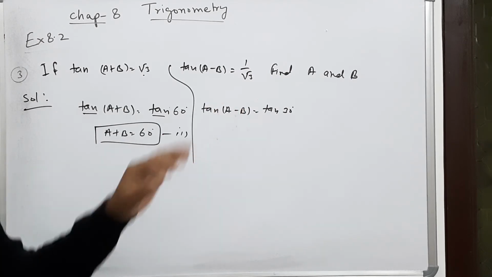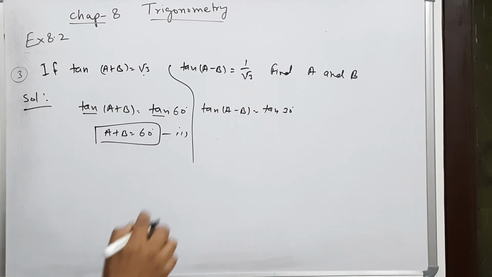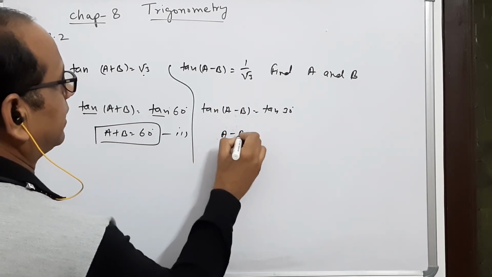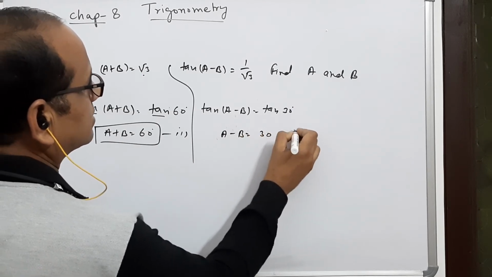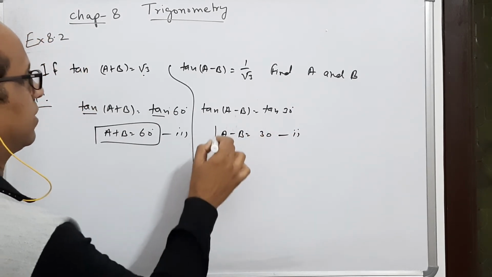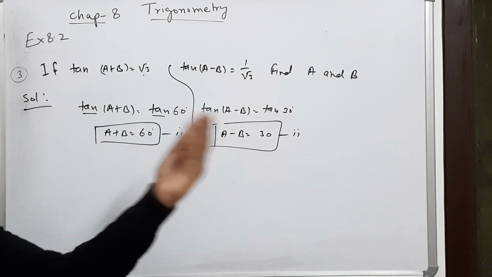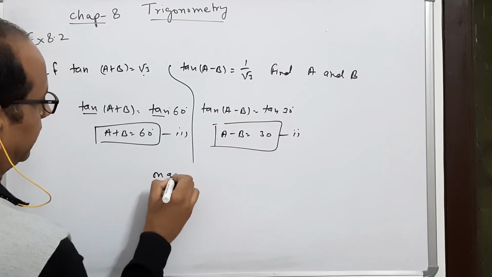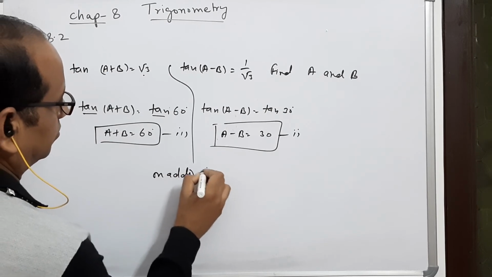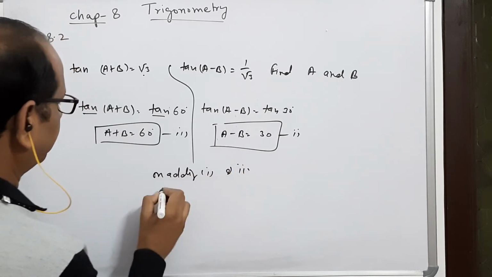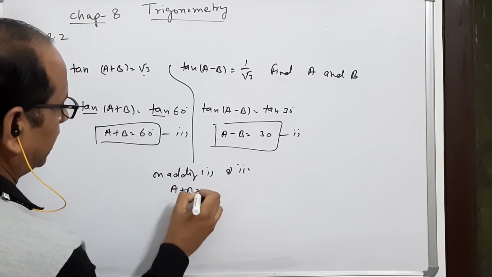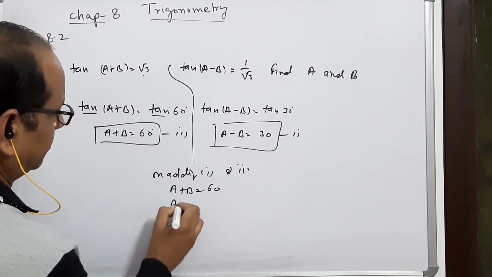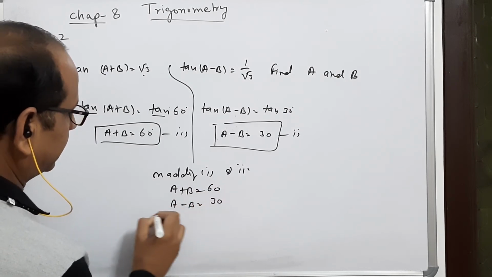It is totally the magic of the table here. So a minus b is 30. That is the second equation. Now we are moving to the linear equations, and here on adding first and second, a plus b is 60 and a minus b is 30.